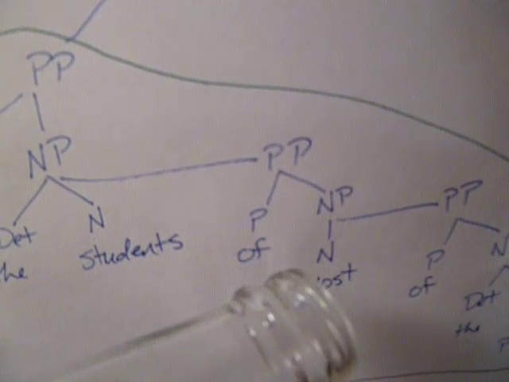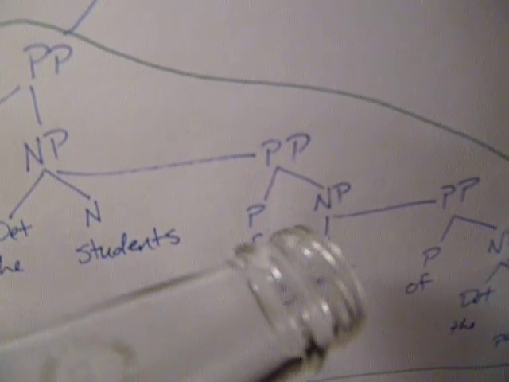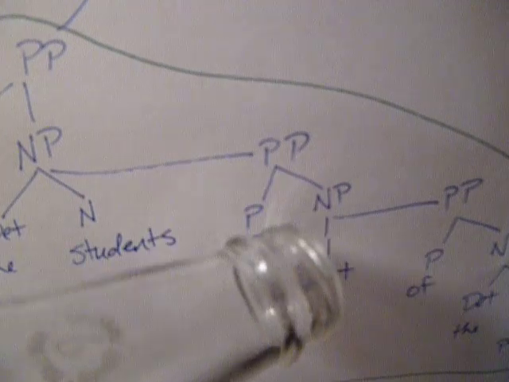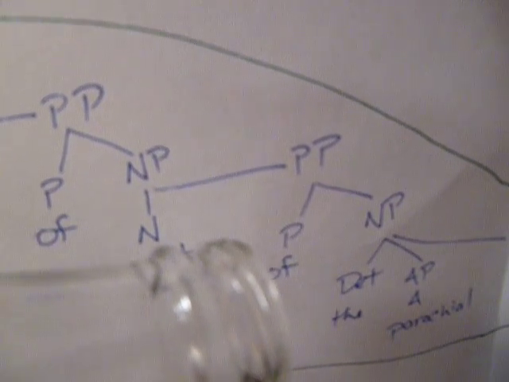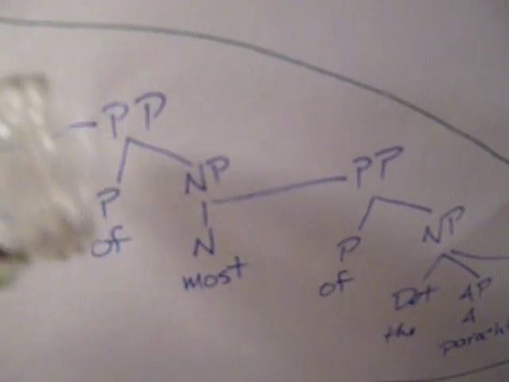You have a noun phrase, and it can only be part of a prepositional phrase if it's a noun phrase, and you can just say "of most". But we like to say "of what", so we say a preposition with your "of", then yet again another noun phrase. So we have a prepositional phrase with a noun phrase with a prepositional phrase with a noun phrase.